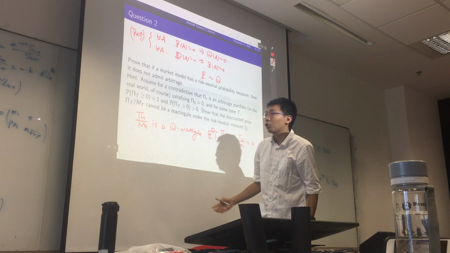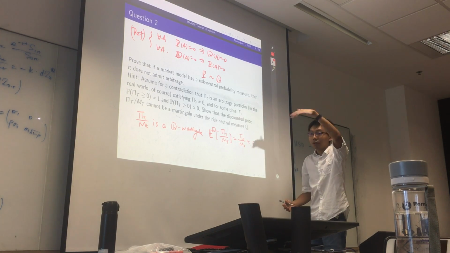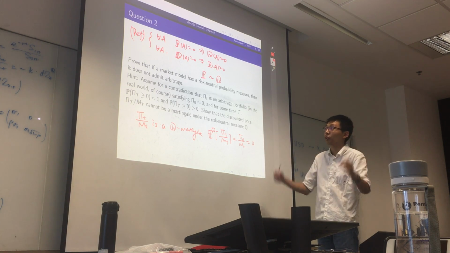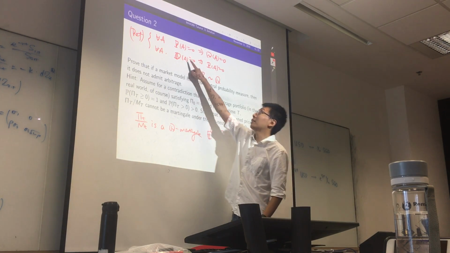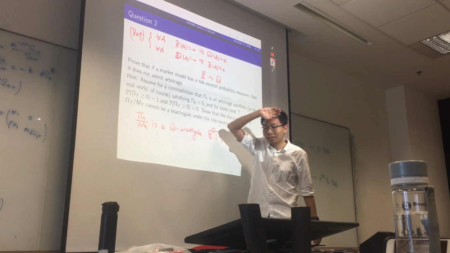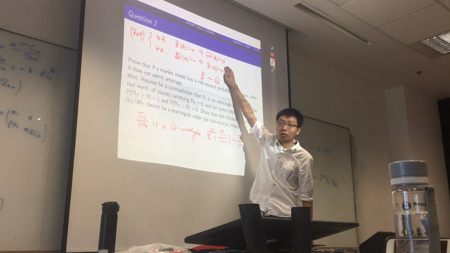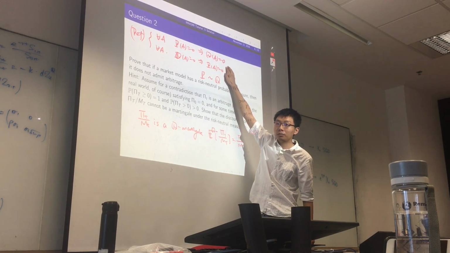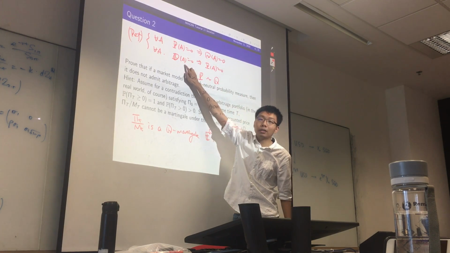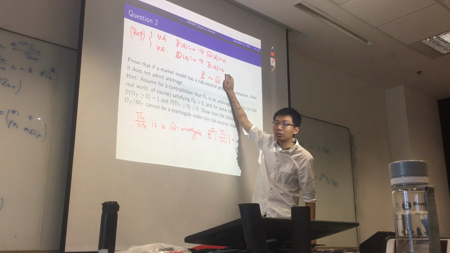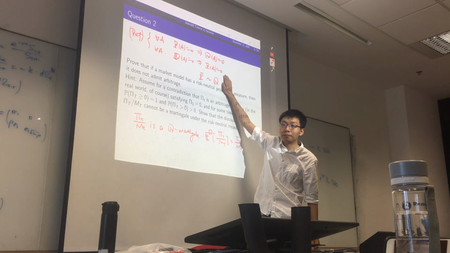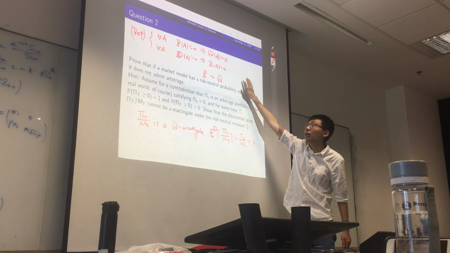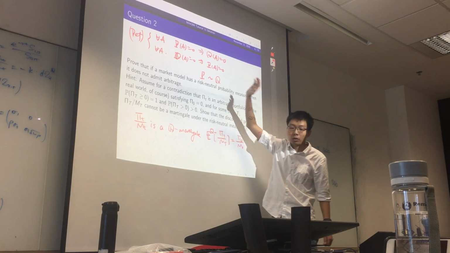Suppose I am a Q person, and you are a P person, so your belief is the P probability, and my belief is the Q probability. If you say this event is impossible to happen, then I will agree. If I think something is not going to happen, then you will also agree with me. That's what equivalence means. That's the mathematical definition of P and Q being equivalent.